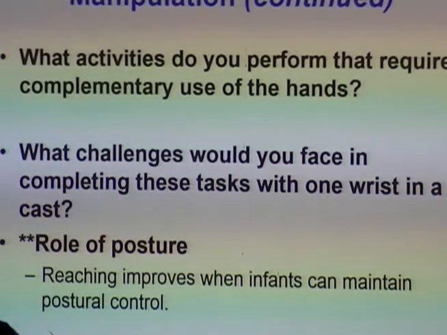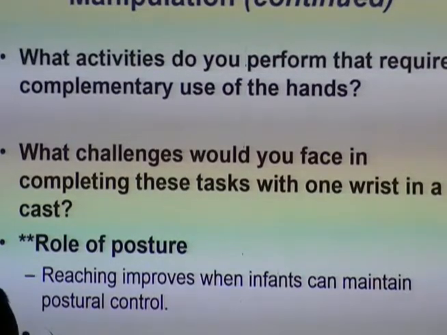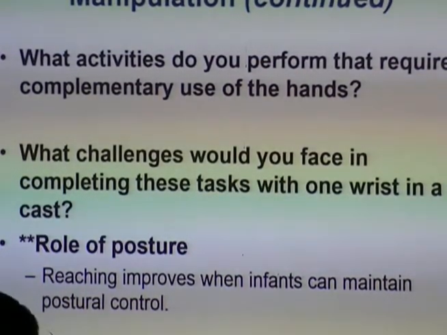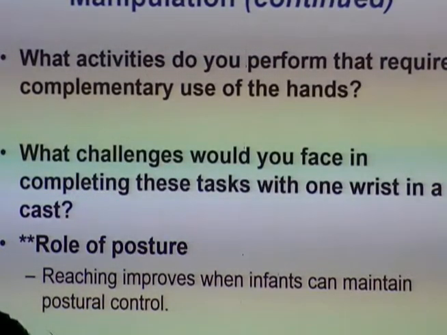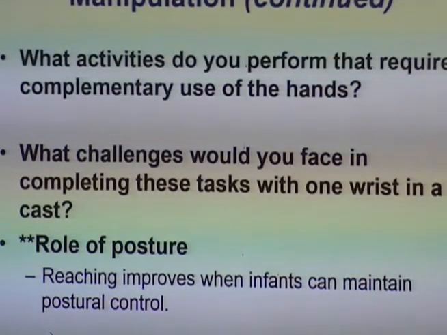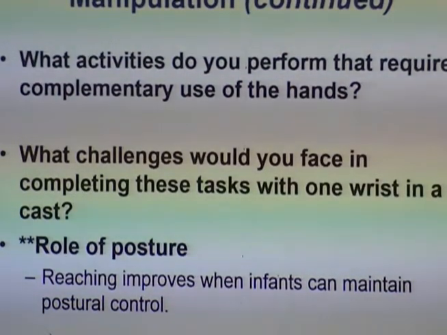So before that, if we want to help them with reaching and grasping, we would have to help them sit up, or we need to put them in a high chair and give them things to reach and grasp where they're supported. So we see a change in their strength and their ability to control posture, and concomitant we see improved reaching and grasping, because now I can control this. So I can practice the next skill.